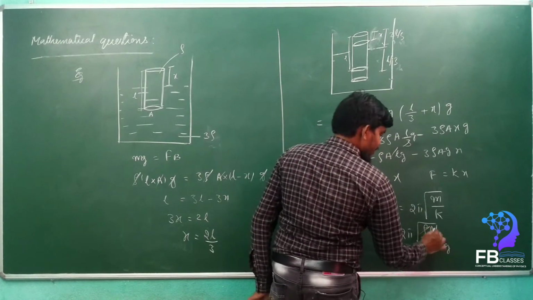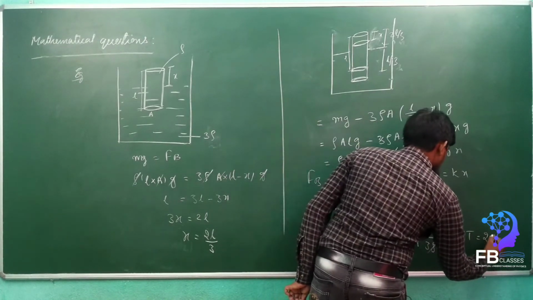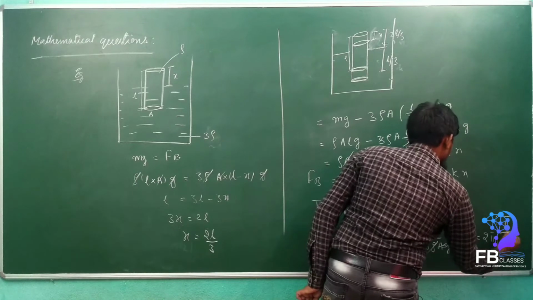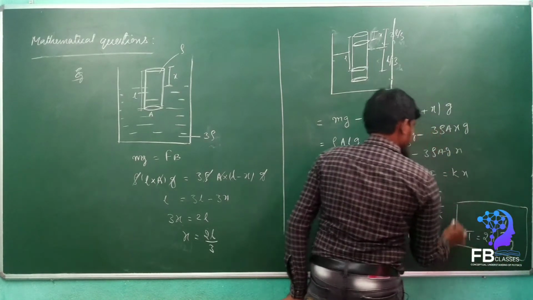Rho gets cancelled, A gets cancelled. Then the time period will be T is equal to 2 pi root L by 3g. This is the answer. This is the time period.